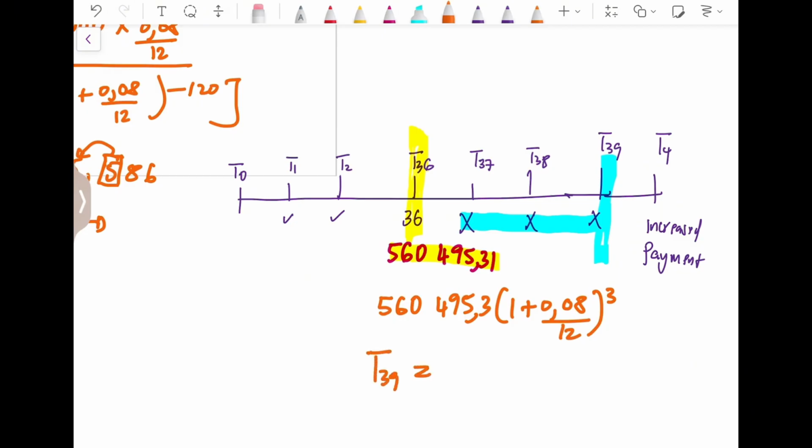So at T39, this person is now owing, after the outstanding balance has grown by 3 months of interest, 571,780.11.